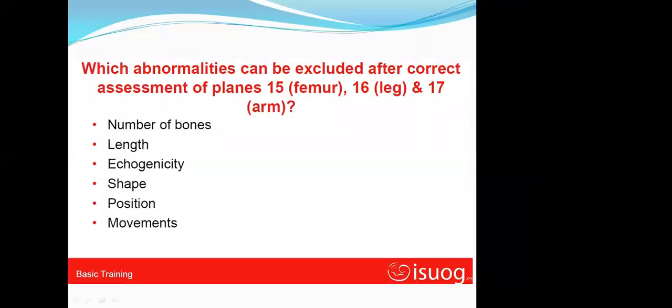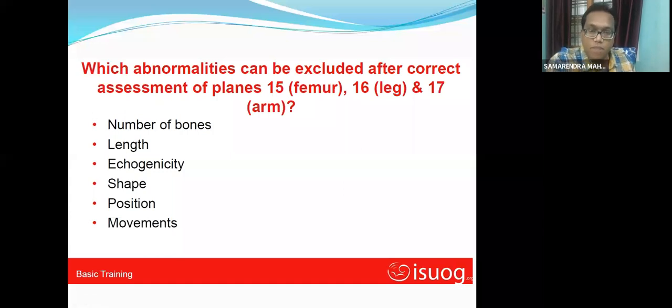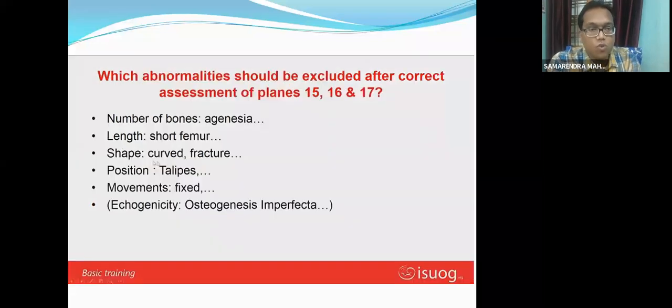Okay. So after careful assessment of the plane, what are the things we have to search for and to exclude? The number of bones, the length, shape, echogenicity, the position and movement. All these things we have to evaluate. So what can we exclude from the number of bones? We can exclude agenesis.